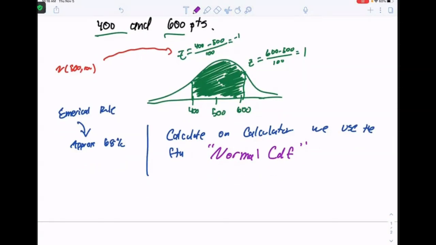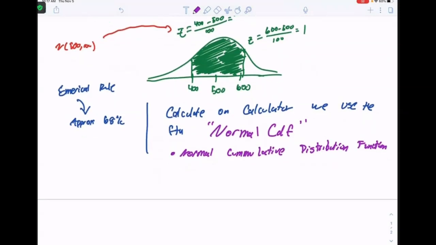This stands for the normal cumulative distribution function. That's what it stands for. But we just say normal CDF.